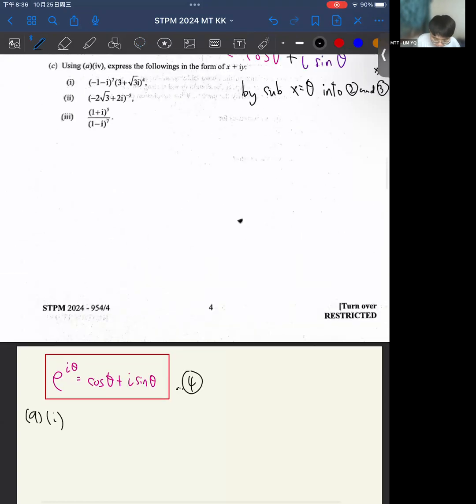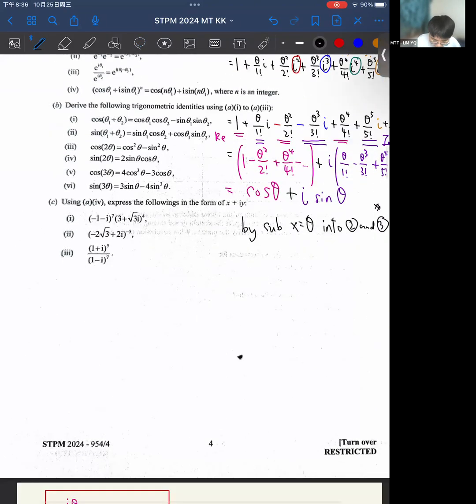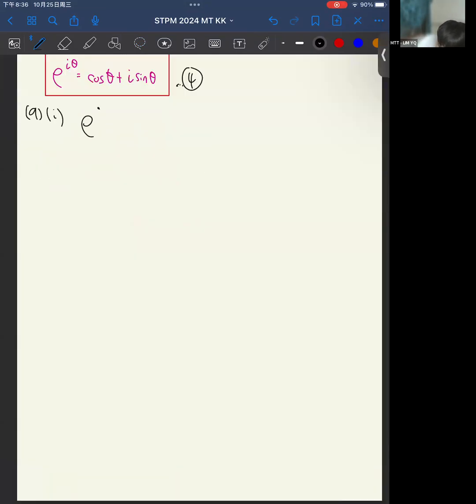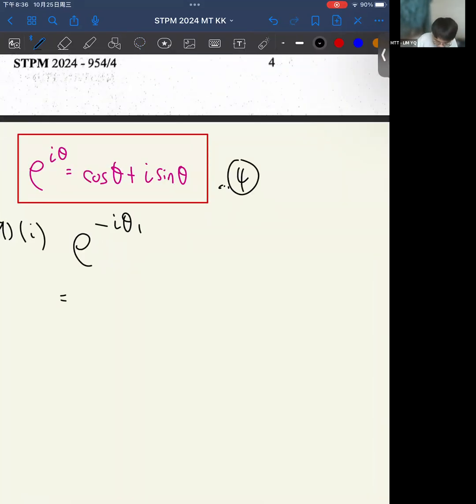Now we want e to the negative i theta 1 to prove it equals this one. What you can do is group i times negative theta 1, group like this. Why do we group like this? Because this one will be in the form of this one.